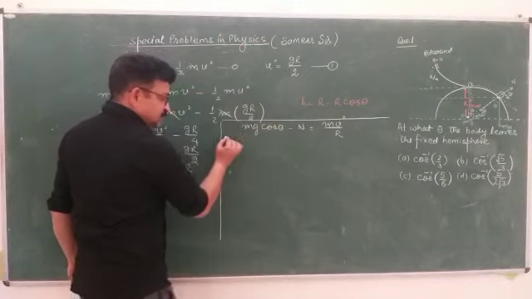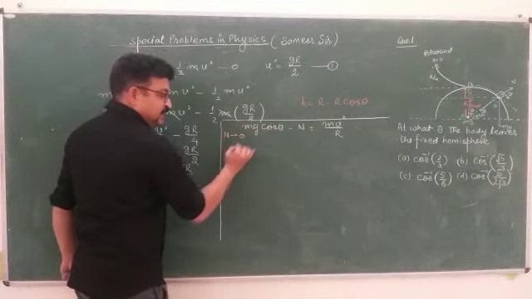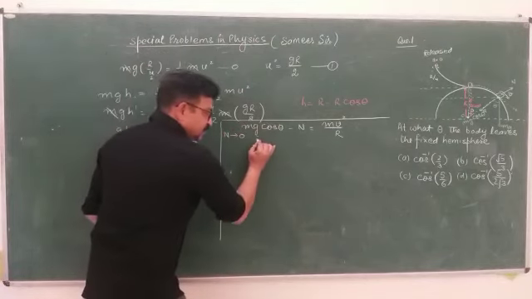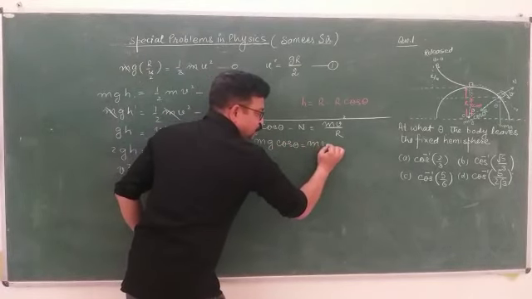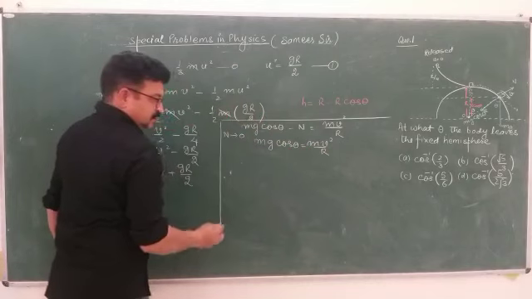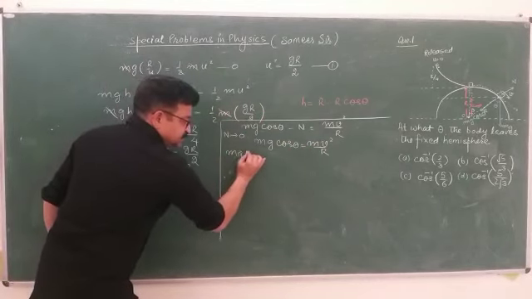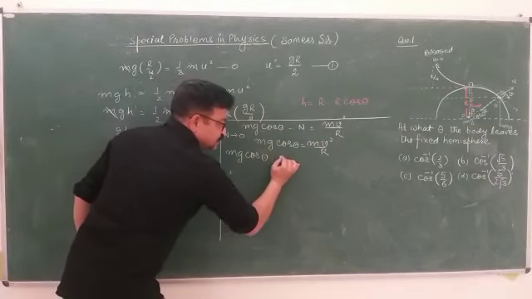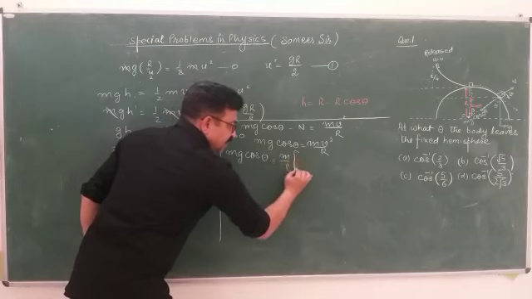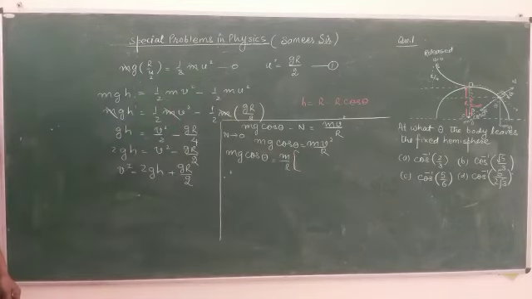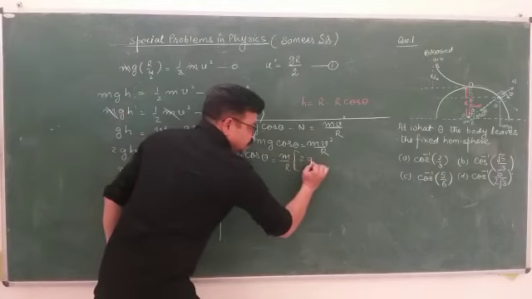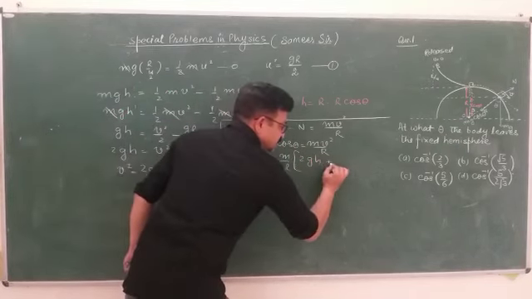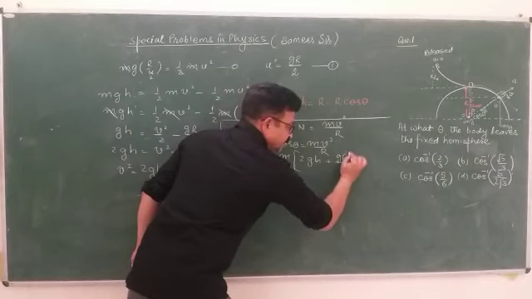If the body loses contact, what does N become? 0, and the equation becomes mg cos theta is equal to mv square by r. Now I will put in the value of v square. Can you tell me what the value of v square is? It is 2gh plus gR by 2.